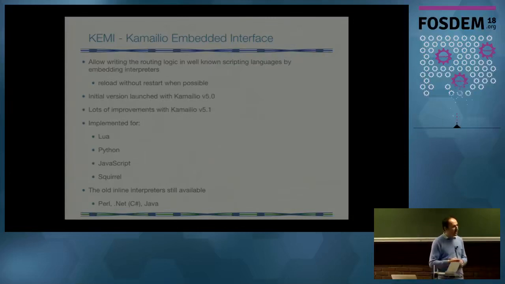We still have some other modules that allow you to execute inline scripts or applications written in Perl, which was actually the first interpreter added in Kamailio, and then .NET with C Sharp and Visual Basic, and also Java, which I haven't really touched, but someone contributed. As a matter of fact, as you could see in the second slide, we have over 200 extensions.